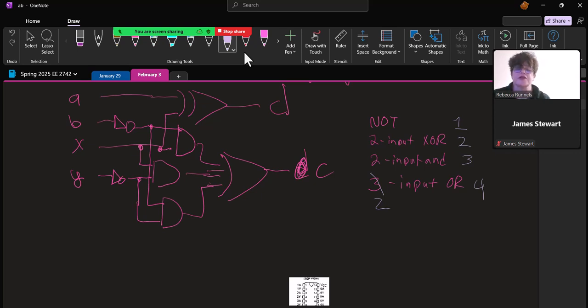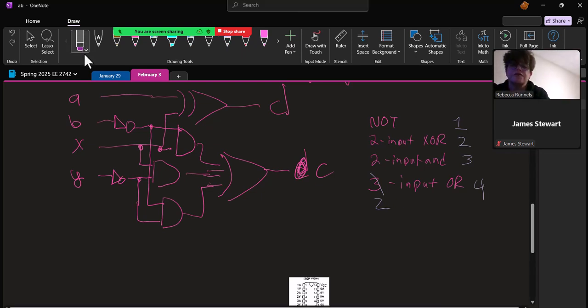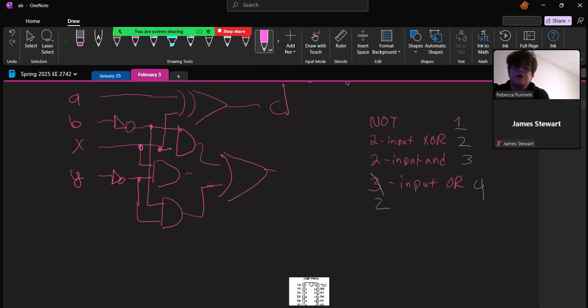Now in order to change this from a 3 input OR to a 2 input OR, I'll put 2 of them into the OR, and then OR the output of that with another OR. So that's how I changed it.